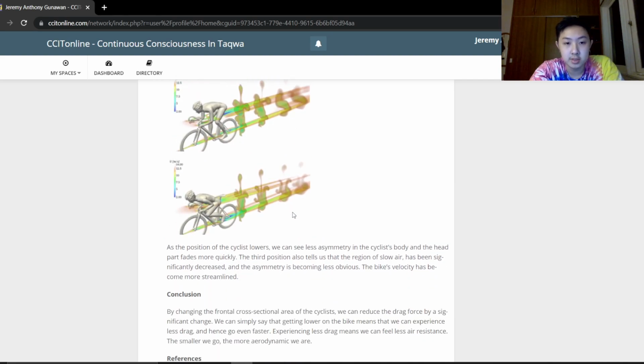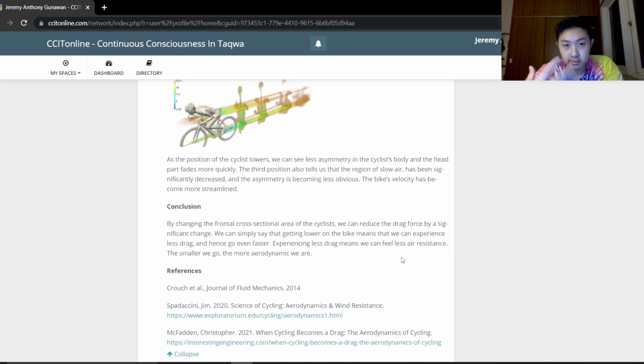So the conclusion is that by changing the frontal cross-sectional area of the cyclist, we can reduce the drag force by a significant amount. We can simply say that as we get lower and closer to the bike, we experience less drag and hence even go faster.